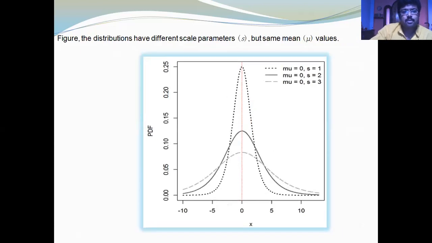Again, this figure shows distributions with different scale parameters but the same mean, the location parameter. The location parameter is 0, and when the scale parameter is 1, this dotted line is the logistic distribution curve.